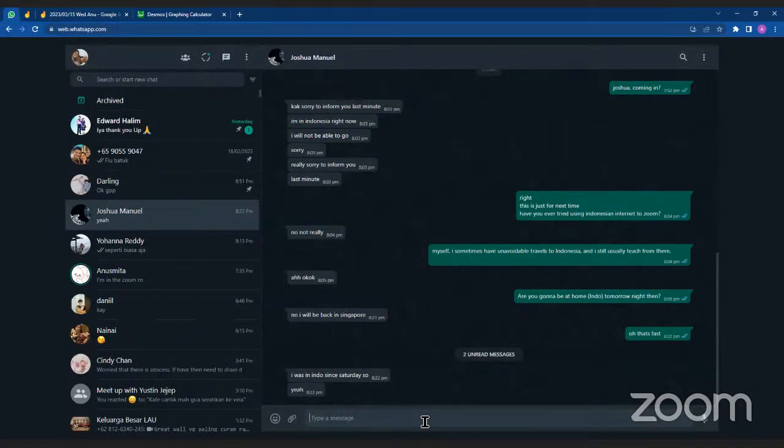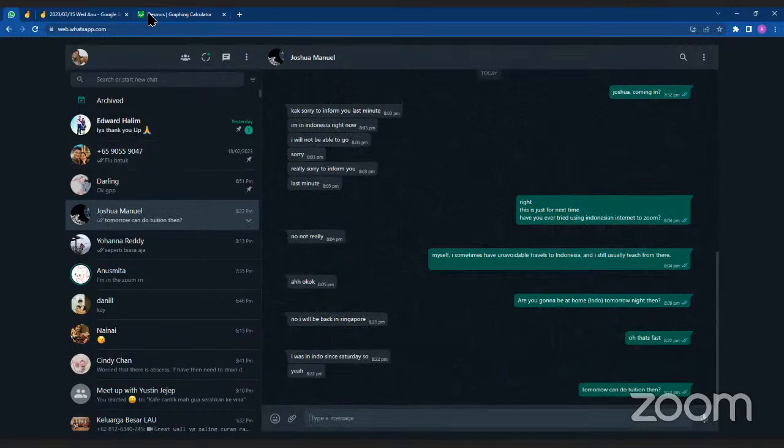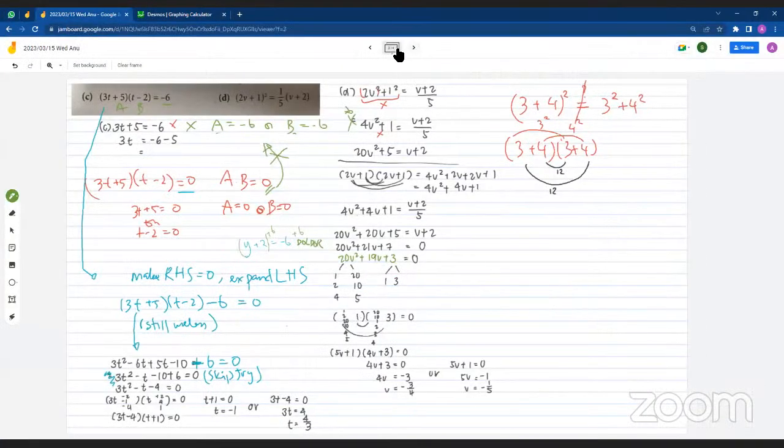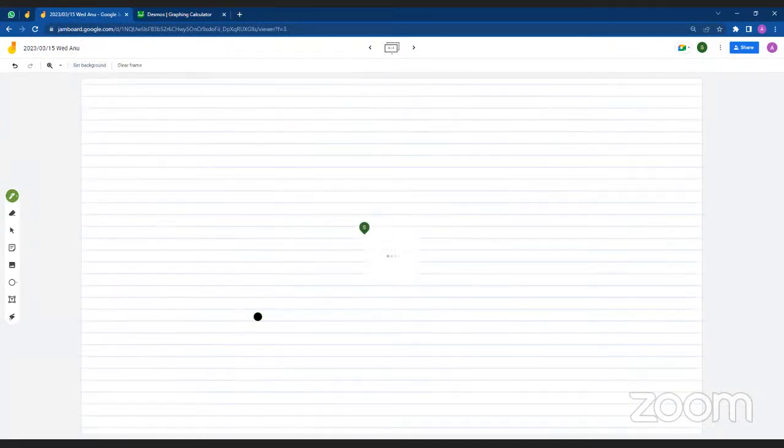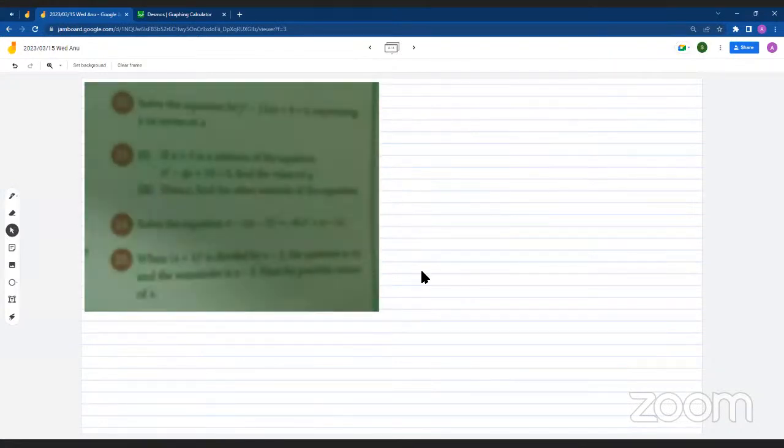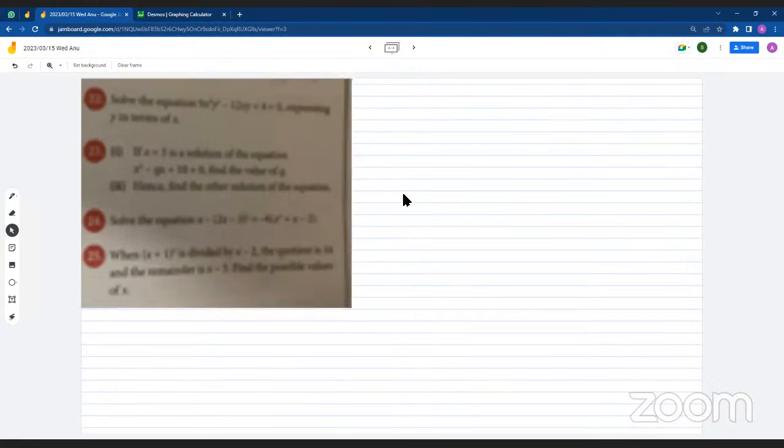This one I haven't done yet, but I thought it's hard, so I put it in here. Yeah, this one. This will look hard to me. Just waiting for it to load.